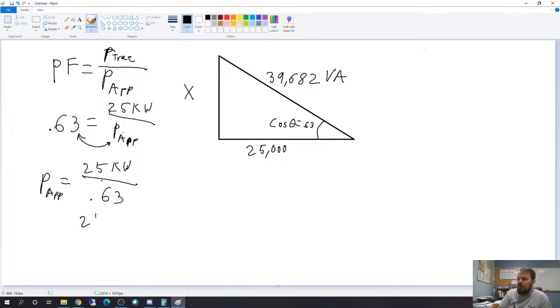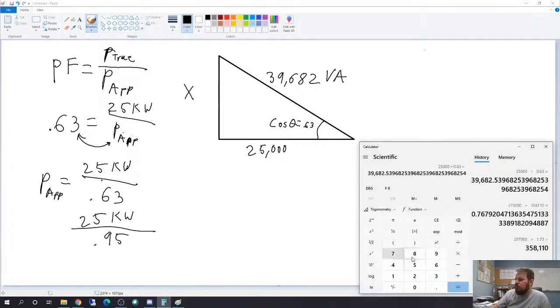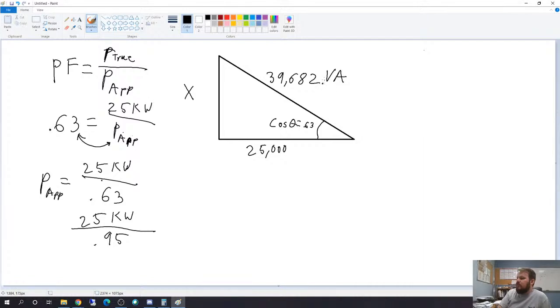It's going to be 25 kilowatts over 0.95. 25 kilowatts divided by 0.95 is 26,315.78.